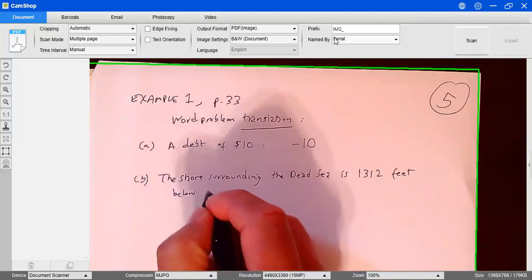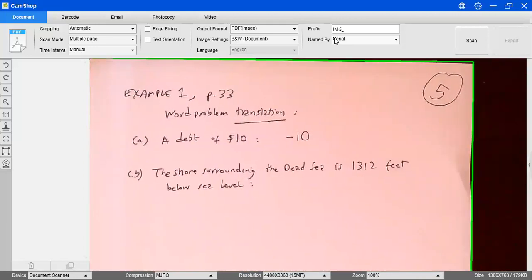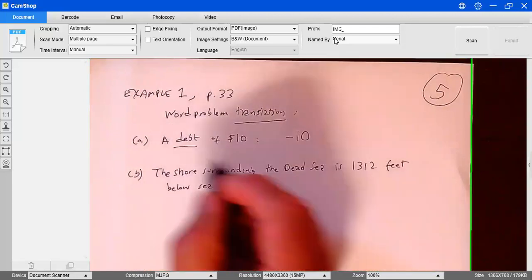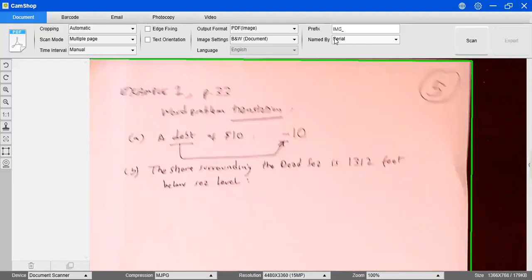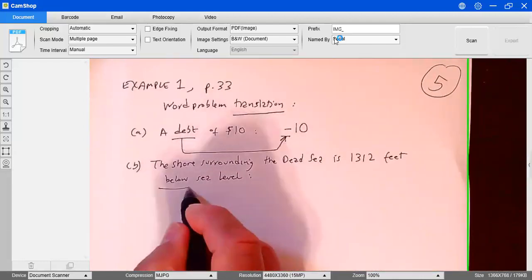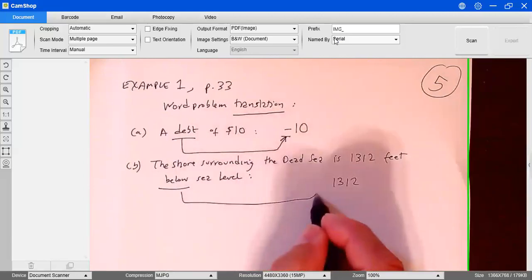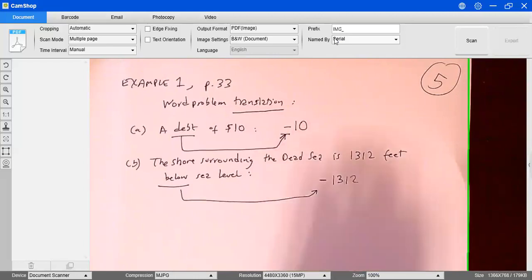How do you write this in algebra? The same way that debt was used to include the negative sign here, in this case the word below is going to be used to include the negative sign. So negative 1312 feet is going to be the number.